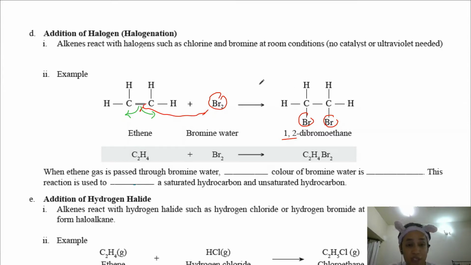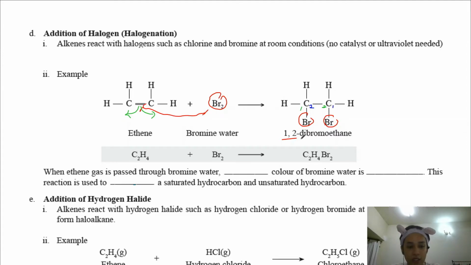Now for ethene, since you only have 2 carbons, meaning that this one I can put as carbon 1, this one I can put as carbon 2. I can also put it the other way around, meaning this one is carbon 1, this one is carbon 2, also can, because this one is 2 carbons only, symmetrical. Alright, so it doesn't matter which one is 1, which one is 2, it will be the same.